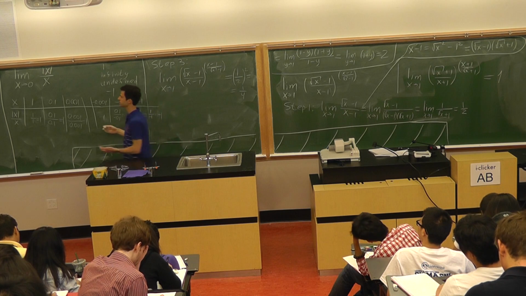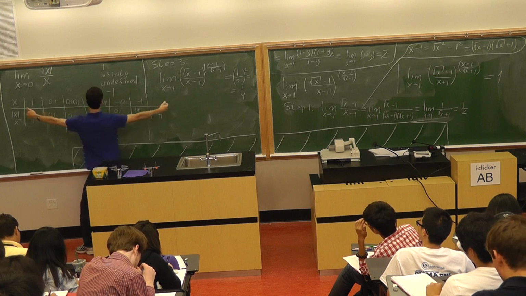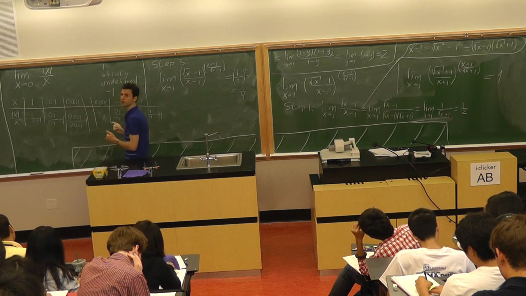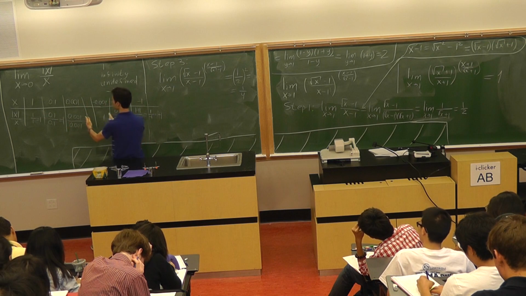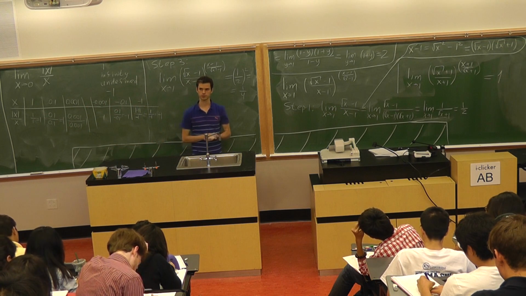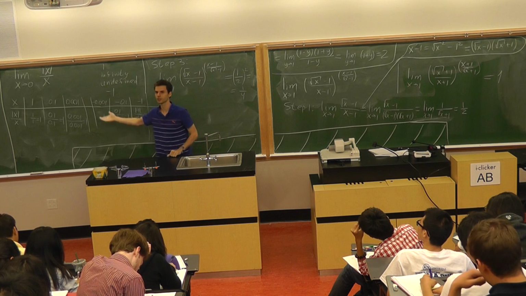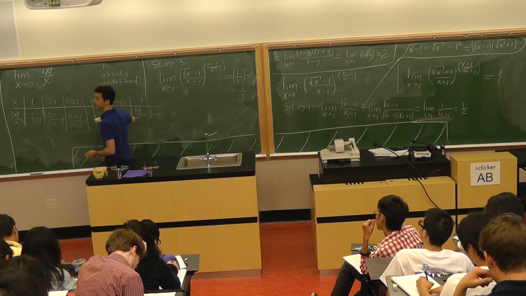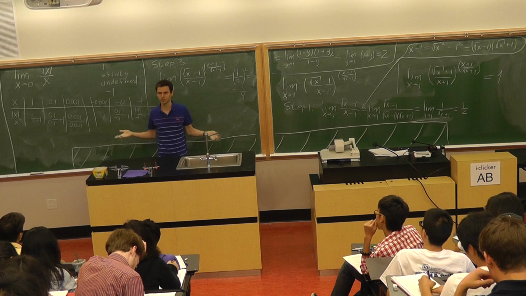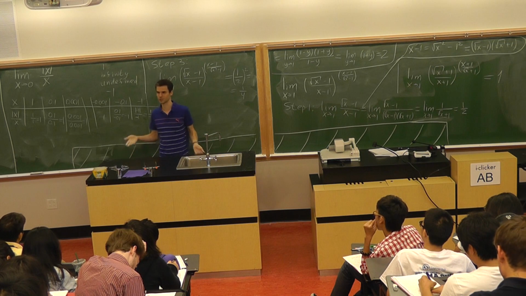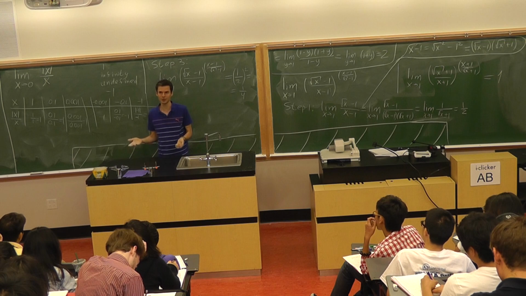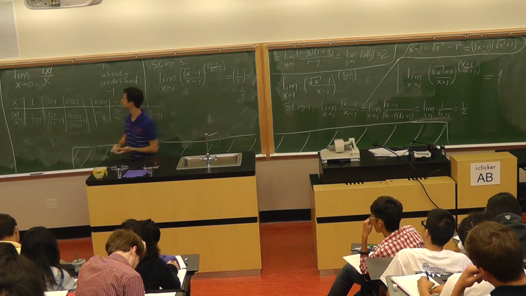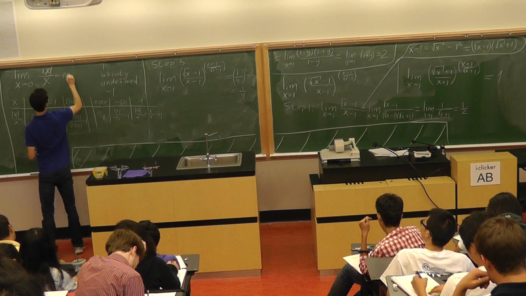We say that the limit is equal to some number if as x approaches 0, the values of the function get closer and closer to some number. Unfortunately, here they do not get close to a number. These values are 1, these values are -1, and the limit is what? Is it 1? Is it -1? Is it 0? Is it any number in between? Well, we just say that it's not defined. So this limit is not defined.